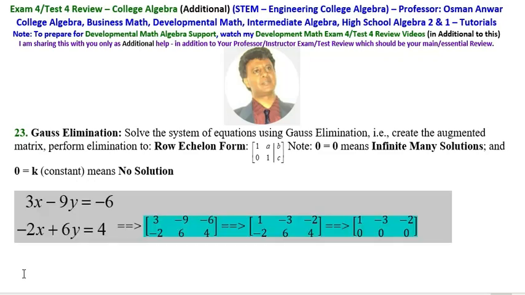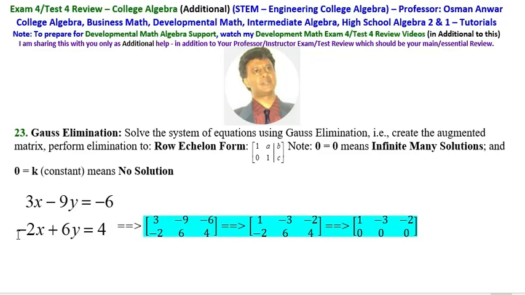So the system is 3x minus 9y equals minus 6, minus 2x plus 6y equals 4. And we're going to convert this to matrix. For x you have 3, minus 2, for y minus 9, 6, augmented with minus 6, 4. So we need here 1.